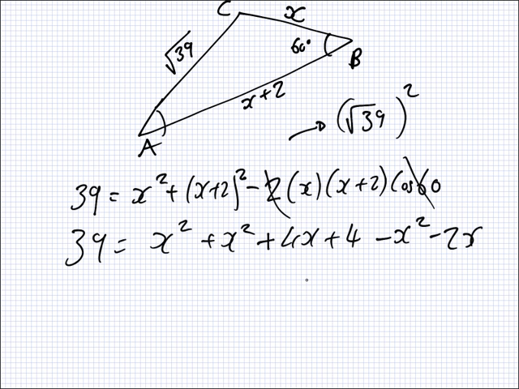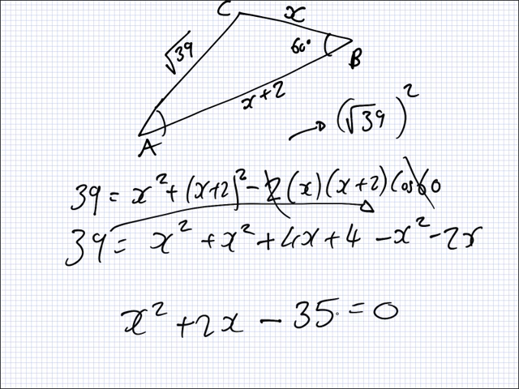Now this is nice because what cancels now? Or it doesn't cancel. x squared plus x squared, 2x squared, minus x squared, x squared. 4x minus 2x, 2x. And then let's bring the 39 to be with the 4. 4 minus 39 is minus 35.